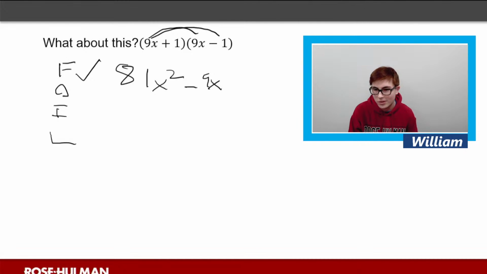And then we've got our I, which is the inside terms. So if we look at the inside terms, that's the 1 and the 9x, which is a positive 9x. And then we're going to do the last terms, which in this case is just the +1 times the -1. So that's going to be minus 1.